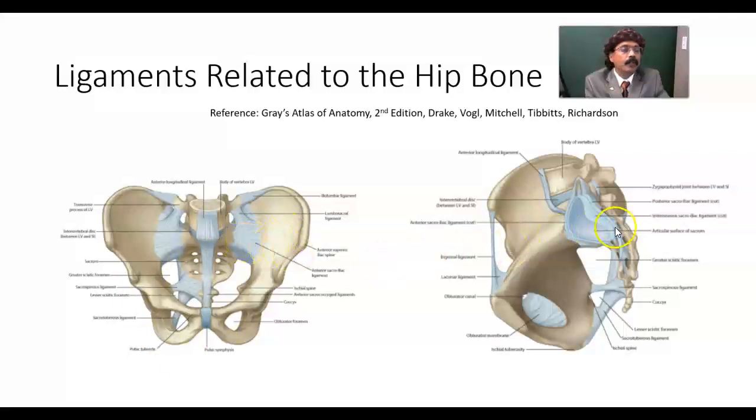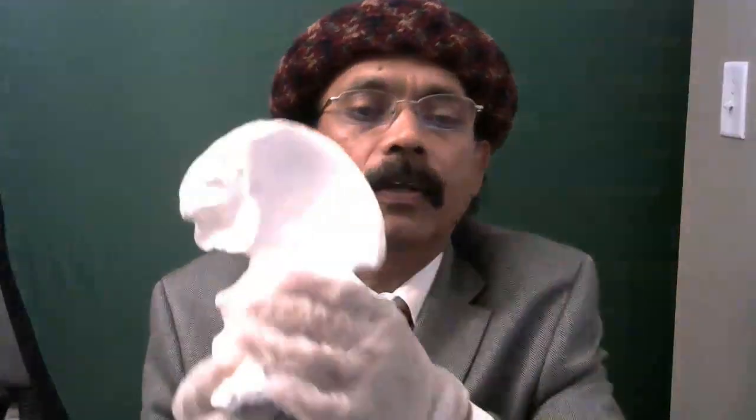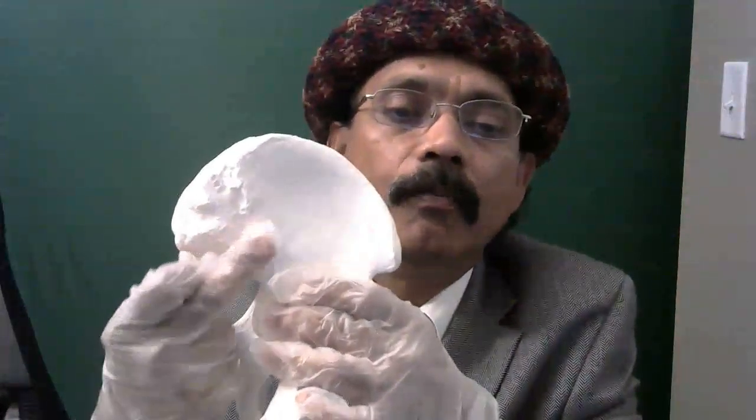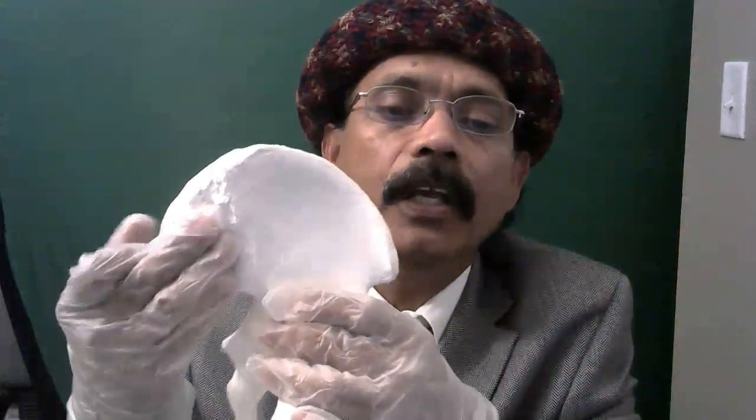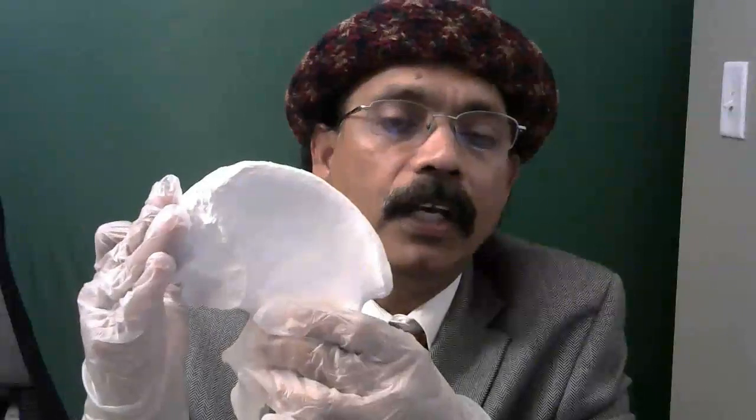Then we have the interosseous sacroiliac ligament and the posterior dorsal sacroiliac ligament. Here is the ventral sacroiliac ligament, the interosseous sacroiliac ligament, and the dorsal sacroiliac ligament.